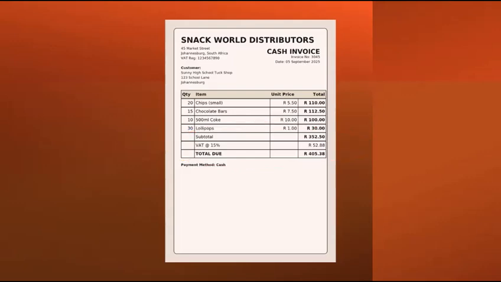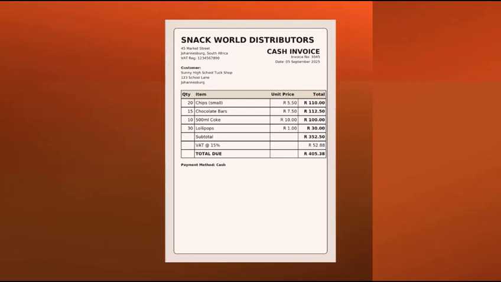Now, with value added tax, we pay tax on our income. But if we purchase something that we are going to sell and that item has value added tax on it from the supplier side, then we can deduct that value added tax from our cost price, because that value added tax we will claim back from the South African Revenue Services.